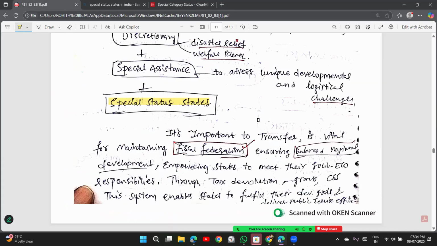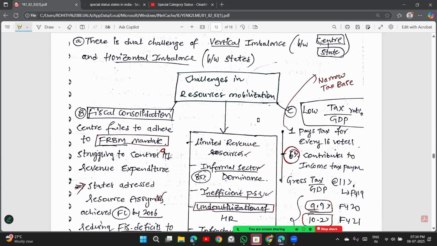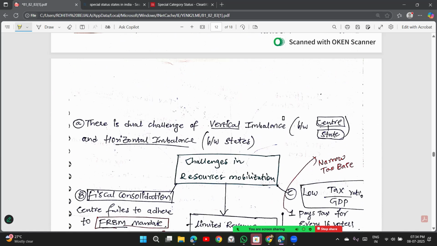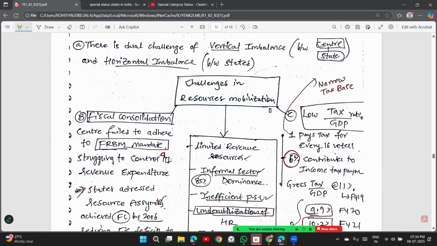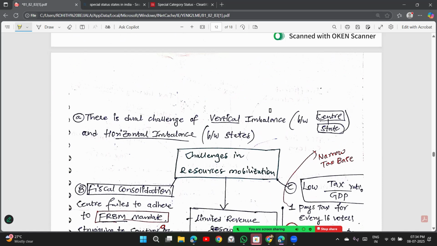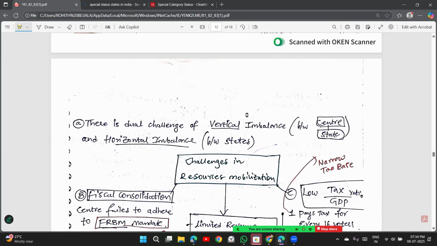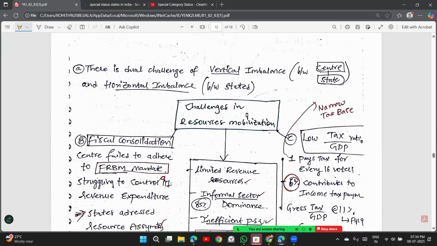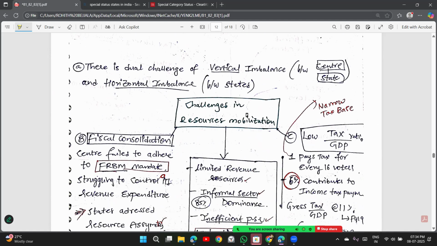Okay. So next, what are the challenges in resource mobilization that we need to cover? To mobilize the resources at one place or to distribute the resources, there are certain problems.